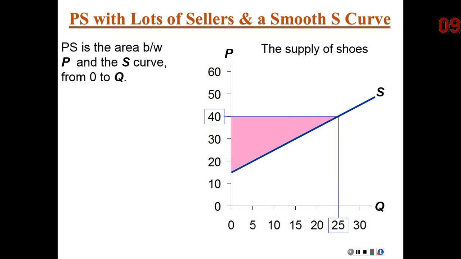Well, what shape does it make with the smooth supply curve? We are using the y-axis here, and notice that this is a triangle, so it would be base times height divided by 2.